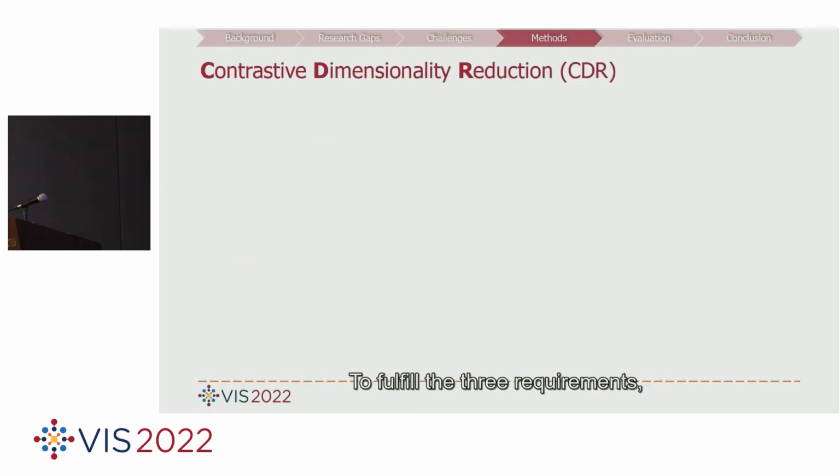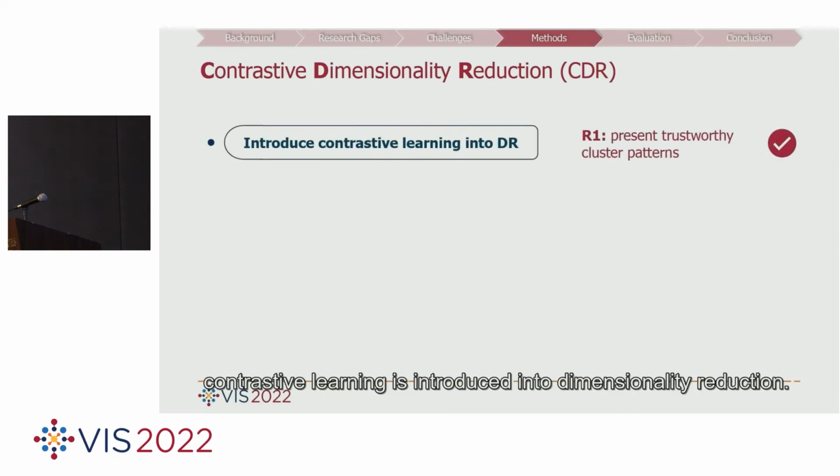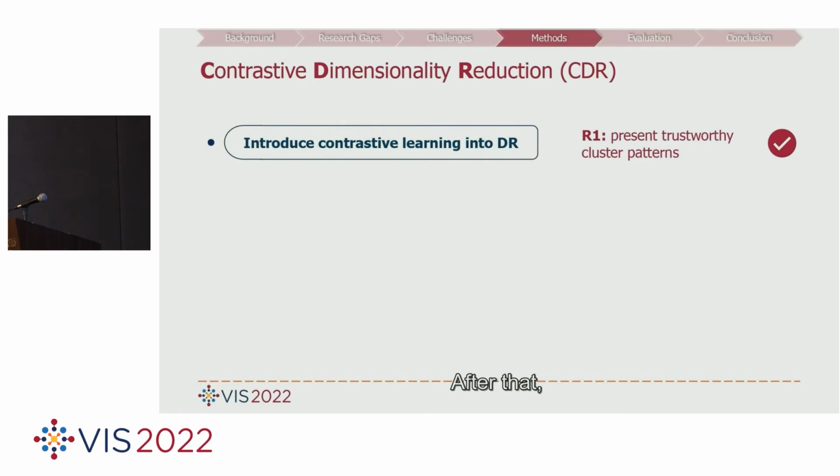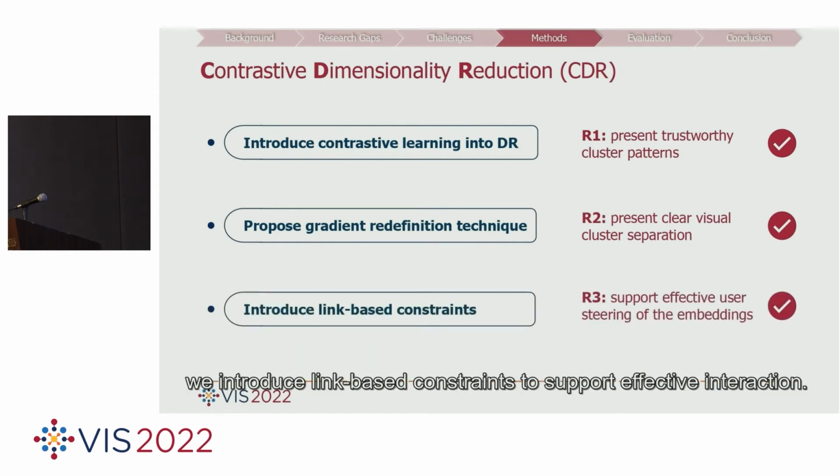To fulfill these requirements, we propose contrastive dimensionality reduction, named CDR. Firstly, contrastive learning is introduced into dimensionality reduction. This helps better preserve the neighborhood structures and present trustworthy clustering patterns. After that, we propose a gradient redefinition technique to improve the visual cluster separation. Finally, we introduce link-based constraints to support effective interaction.